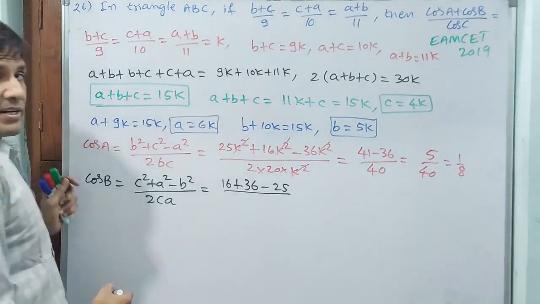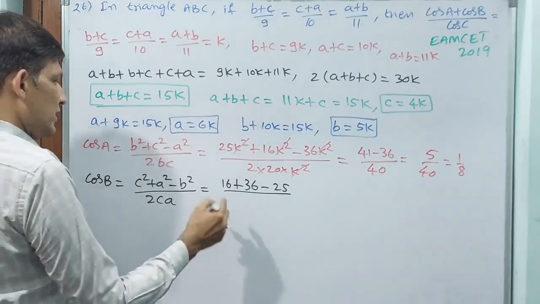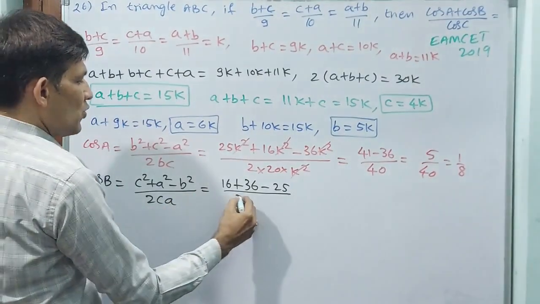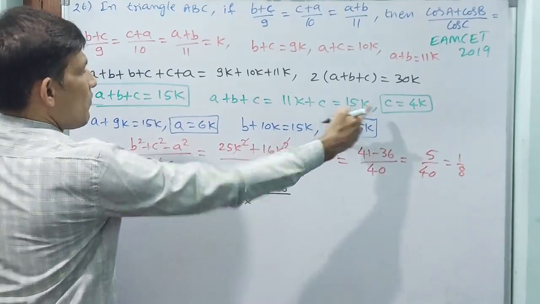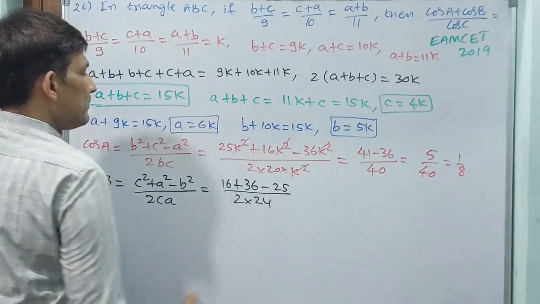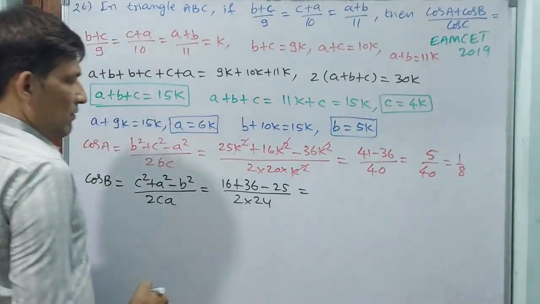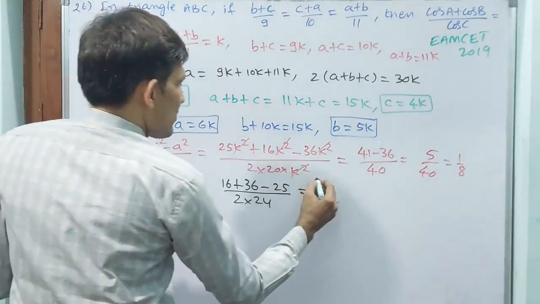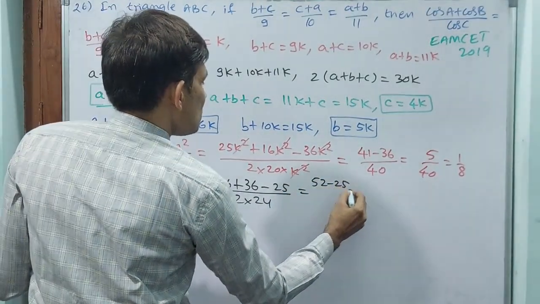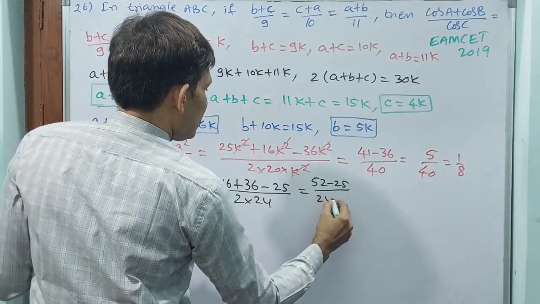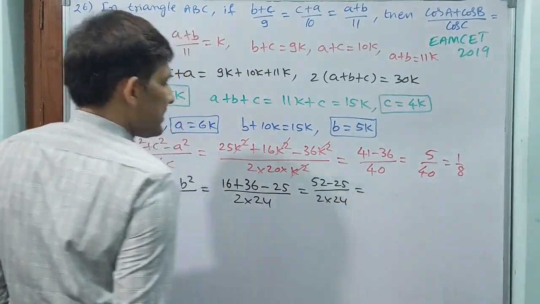K² I have taken common and cancelled. 2ca, 2 into ca, 4 into 6, 24. That is equal to 52 minus 25 by 48, or 2 into 24 only.